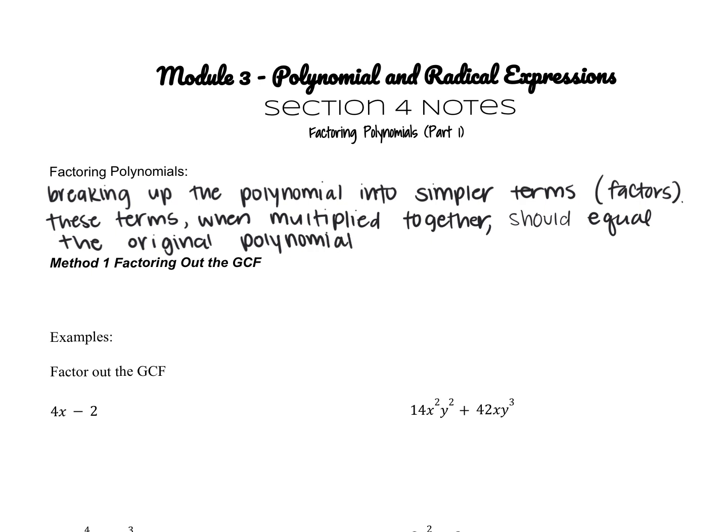So all factoring is doing is finding what did you have to multiply together to get your answer. So it works backwards from multiplication.